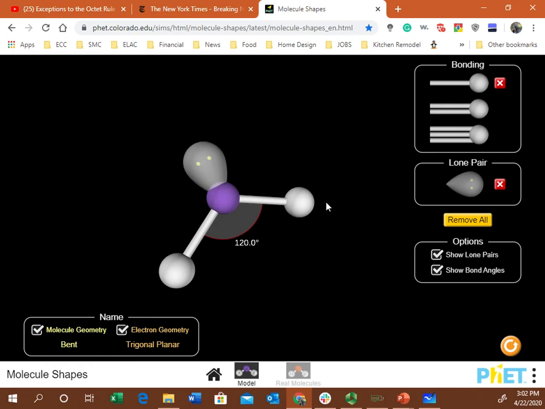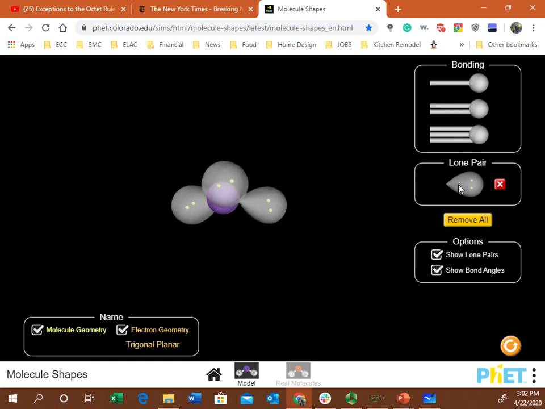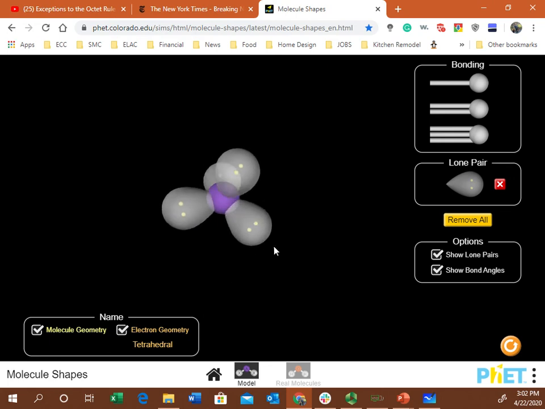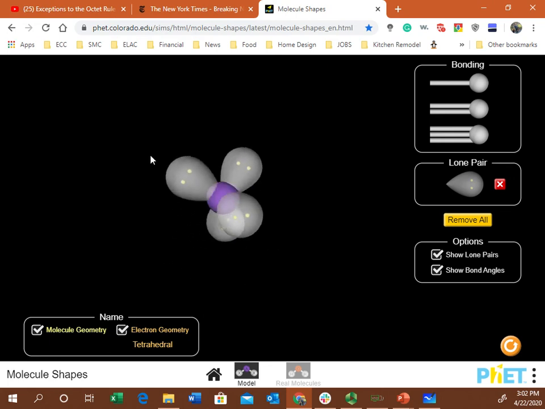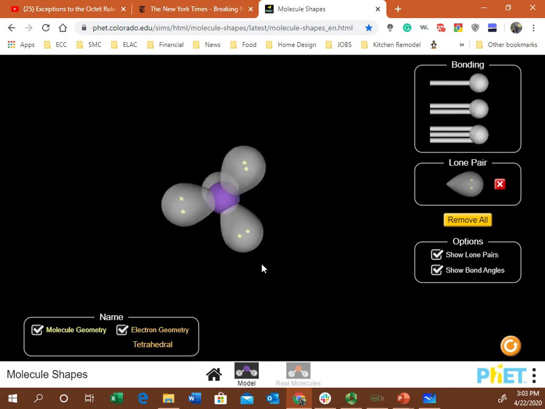So let me cancel the bond and put 4 electron groups. 2, 3, 4. All right, so we have 4 electron groups. It's going to adopt the following distribution. See how it is? This is known as tetrahedral geometry, electron group geometry. That's tetrahedral electron group geometry.